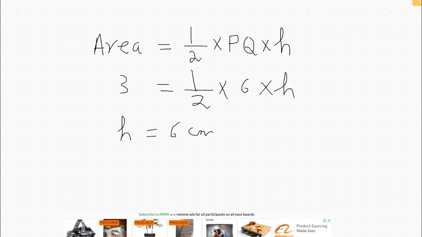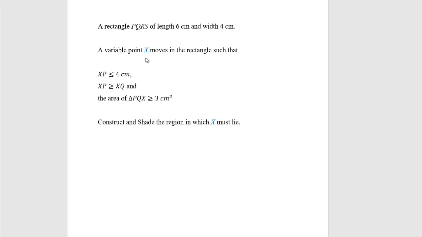After simplification, the height of the triangle will be 1 centimeter. So the locus of point X such that the area of triangle PQX is equal to 3 centimeter square gives the height H of 1 centimeter.